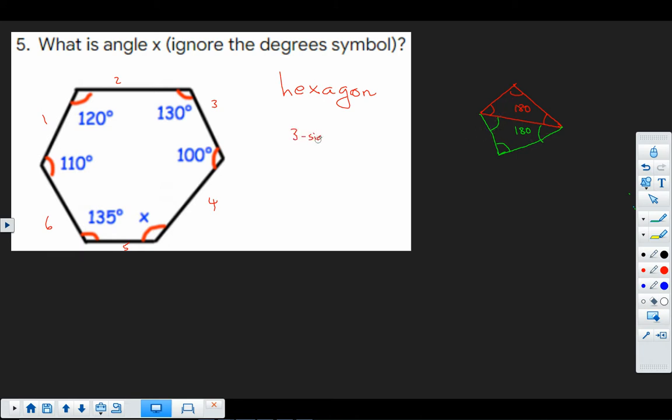So the angles in my 3-sided shape added up to 180. In a 4-sided shape, another 180, which was 360. If I add another triangle on here, I've added another 180, and I now have a 5-sided shape, a pentagon.